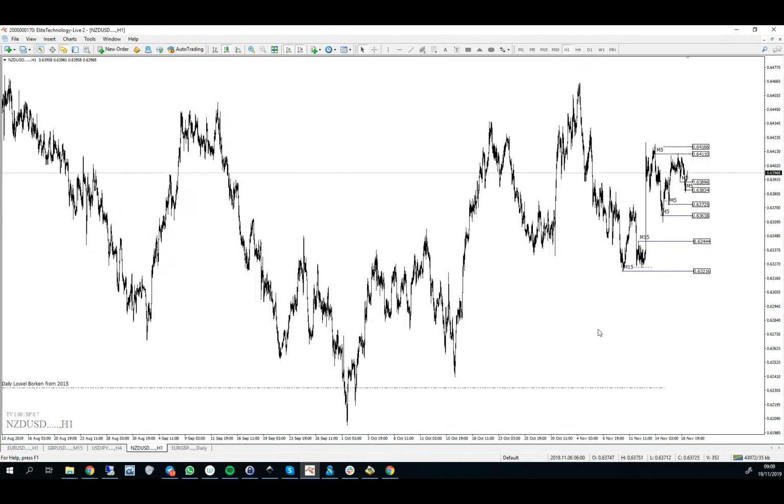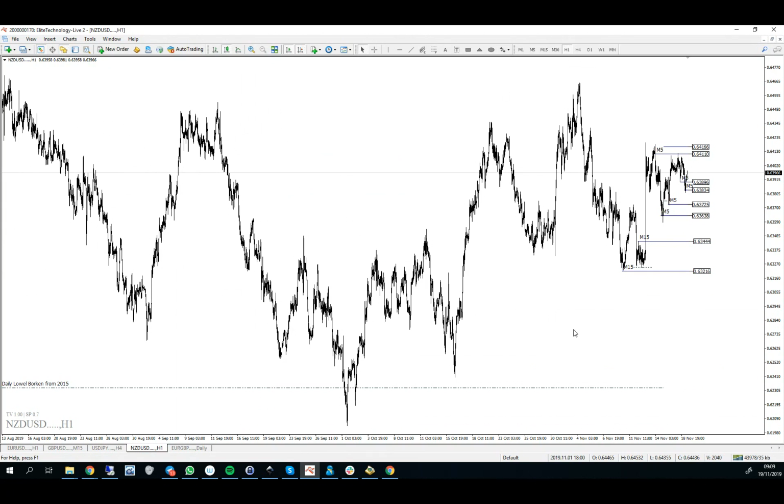Drilling lower to the lower time frame, H1, the mids. I love this time frame because it gives us the long time frame perspective, but also some window into the intraday.